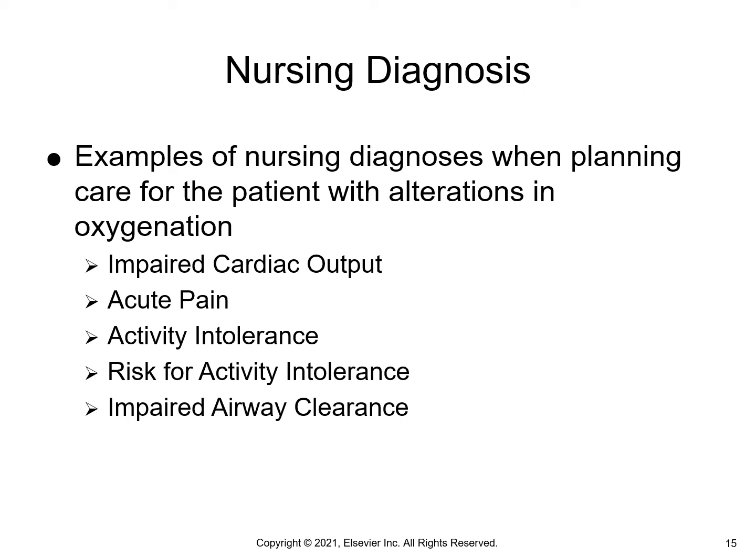Every time you cluster specific assessment findings, you're also identifying the related etiology. Diagnoses may be similar. For example, impaired gas exchange and impaired breathing both have dyspnea and nasal flaring.